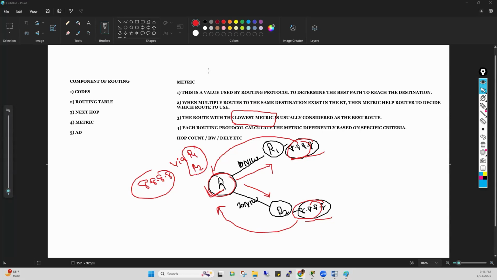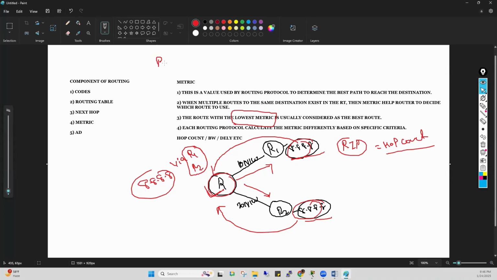So for example, there are multiple protocols. For example, RIP. RIP is a protocol. RIP uses hop count as a metric. Clear? So if anyone asks you what you mean by hop count, hop count is the number of routers through which your packet will pass to reach the destination.